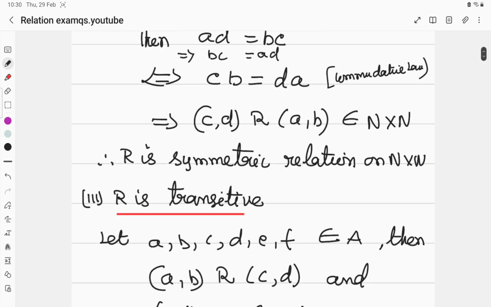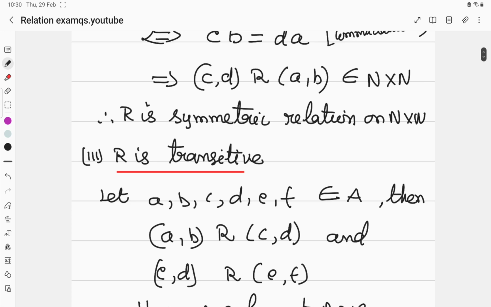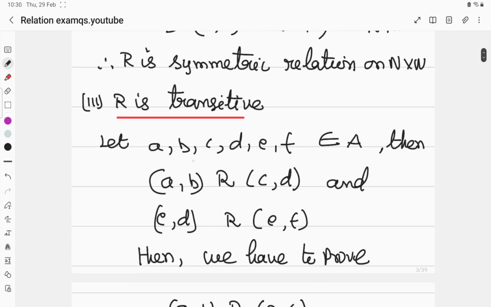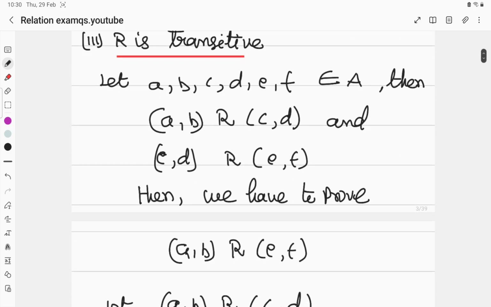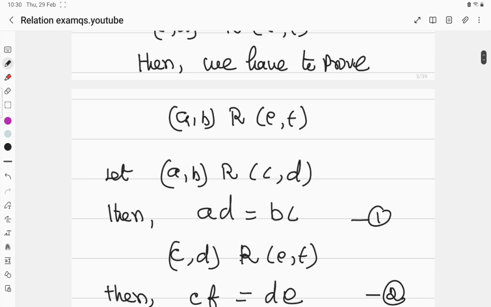We have to prove R is transitive. Let (a, b), (c, d), (e, f) belong to N cross N, then (a, b) related to (c, d) and (c, d) related to (e, f). Then we have to prove that (a, b) is related to (e, f). First, given (a, b) related to (c, d), which implies ad = bc.